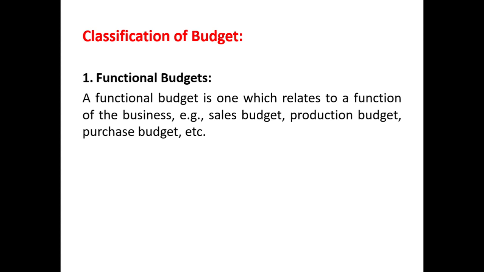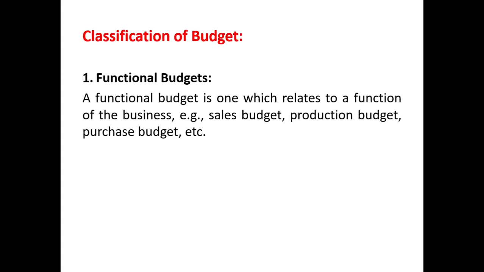The first one is functional budgets. What do you mean by a functional budget? A functional budget is one which relates to a function of the business. In the business, they are doing various types of functions.